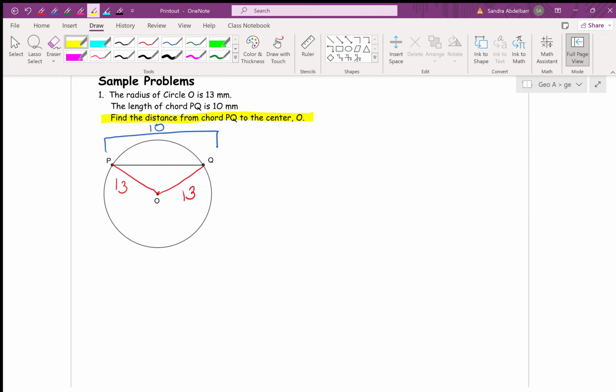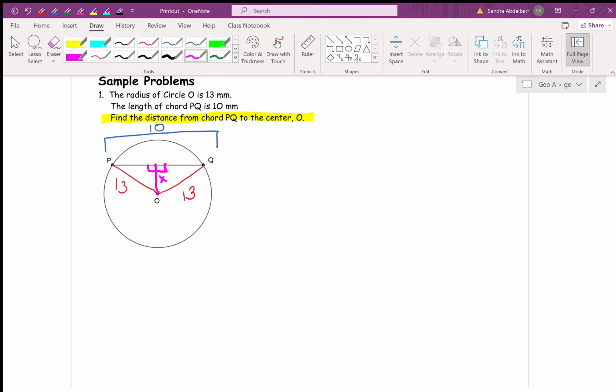What should we draw? The distance from the center to the chord. A perpendicular segment, you got it. It is the length of the perpendicular segment. That's what we need to find.